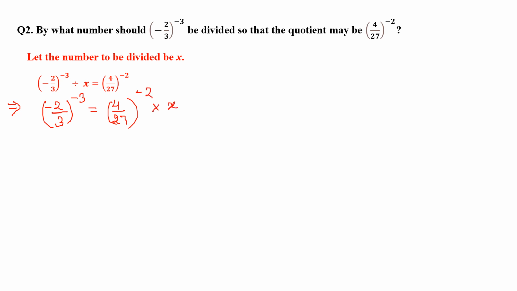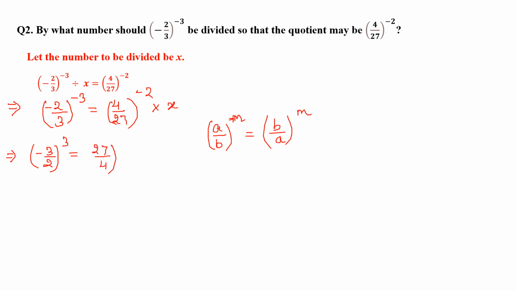Okay, and I can use the law a by b raised to the power minus m is equal to b by a whole to the power m, right? So I'm going to use that law over here. So it will become minus 3 by 2 whole cube equal to 27 by 4 whole square multiply by x.